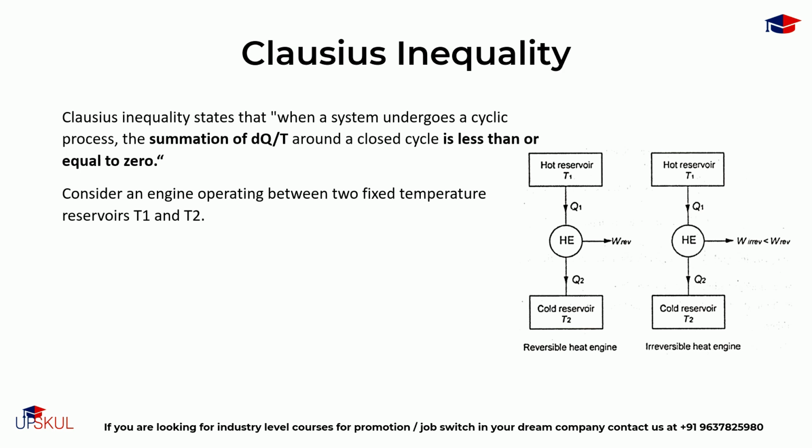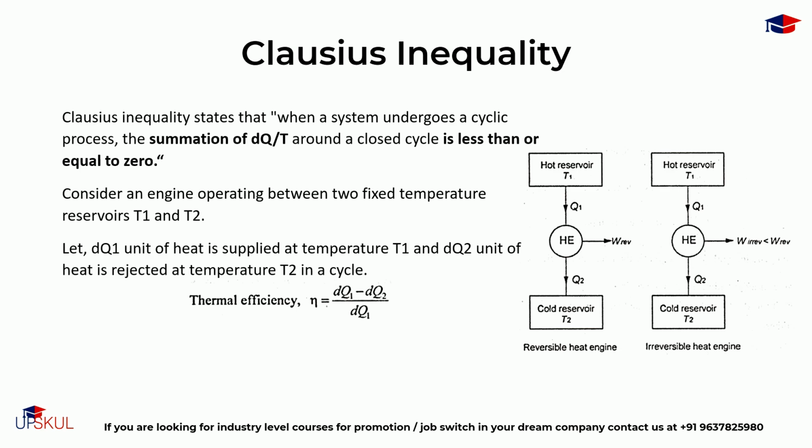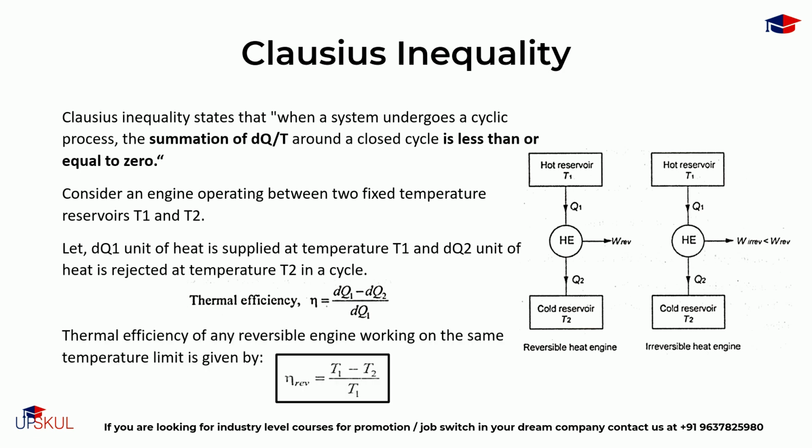The thermal efficiency of any reversible engine at the same temperatures will be given by (T1 minus T2) divided by T1. And since no engine can be more efficient than the reversible engine, the efficiency of the actual engine cycle must be less than the reversible cycle.